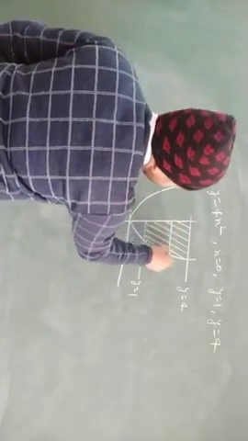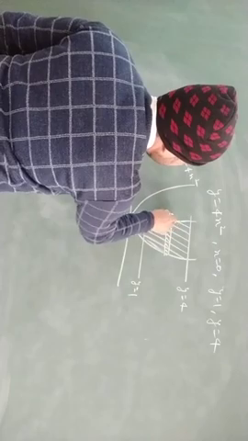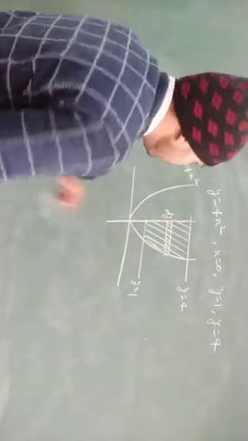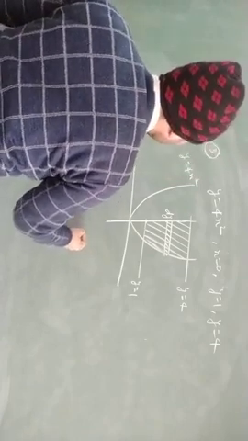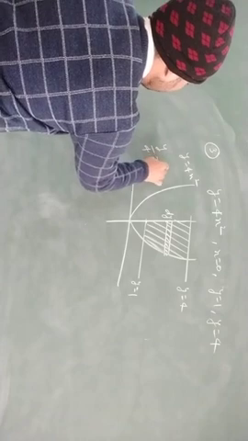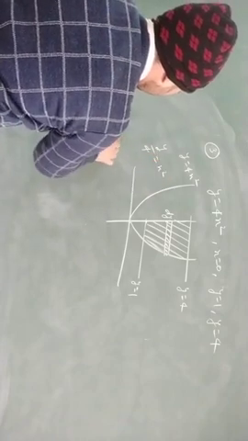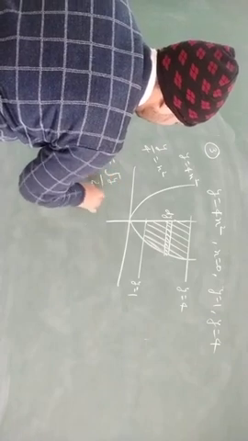We are taking a vertical strip. For a horizontal strip, the root is given. So this function can be written as y by 4 equal to x square, or x is equal to root y by 2.